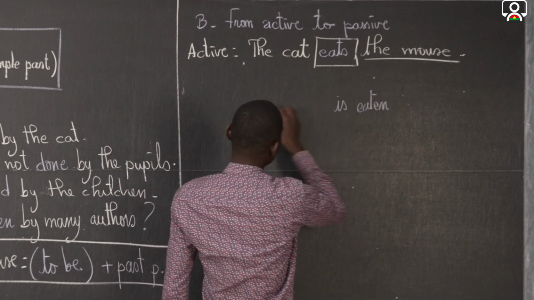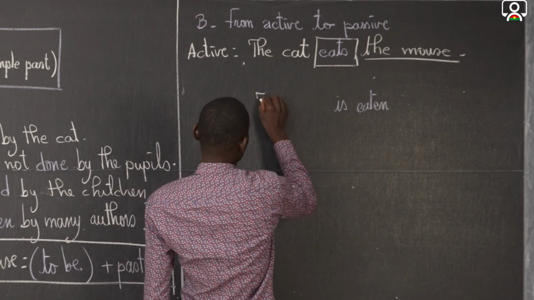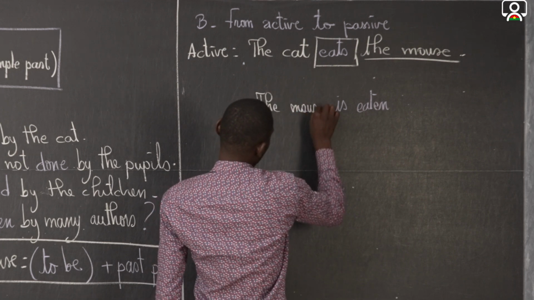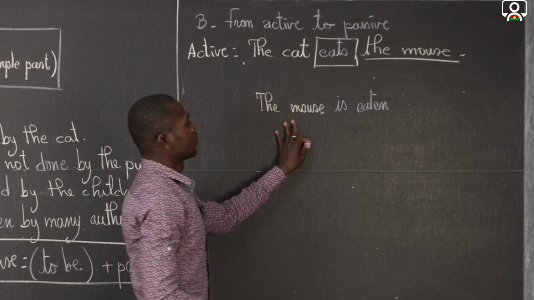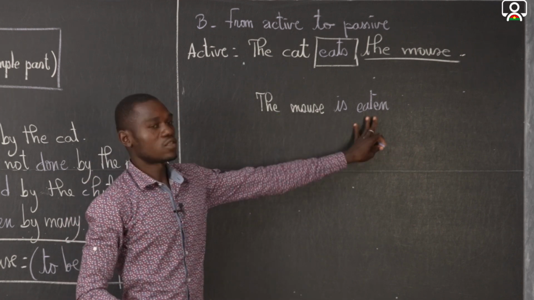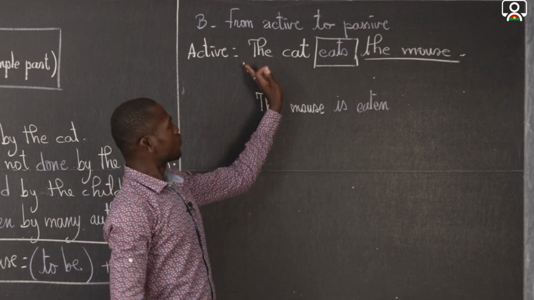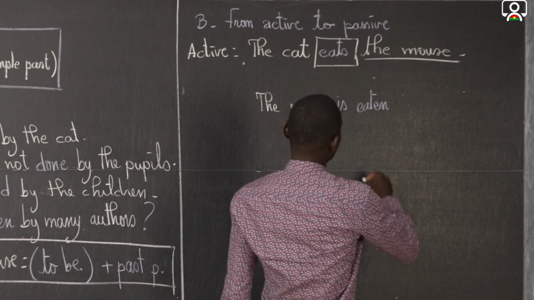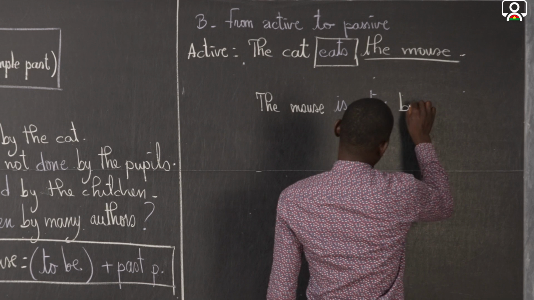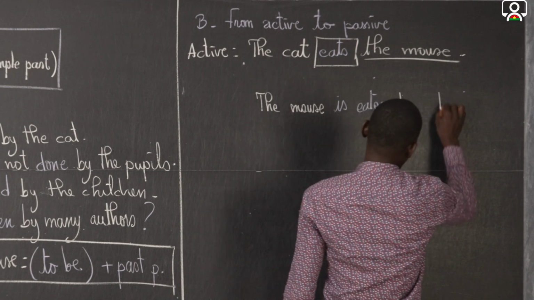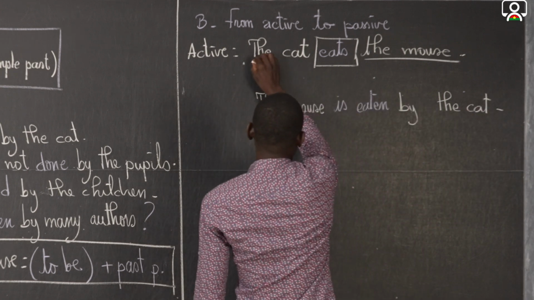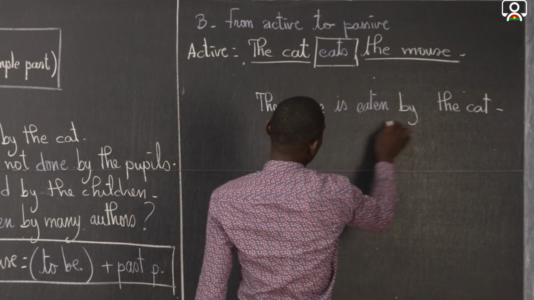So the mouse comes here, so the mouse is eaten. Now the subject becomes the agent, which is introduced by the cat. So the subject comes here.